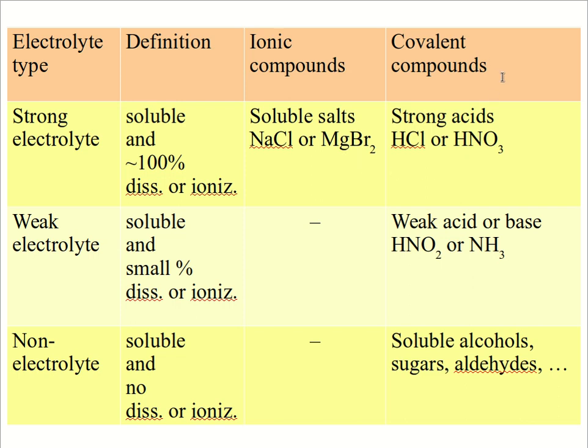Covalent compounds are a big exception, right? There's only 6 strong acids around. There's millions and millions of covalent compounds, and there's only 6. That's not many, right? 6 out of millions that form 100% ions. So that's exceedingly rare. Okay, there's a few more, but 6 common ones.